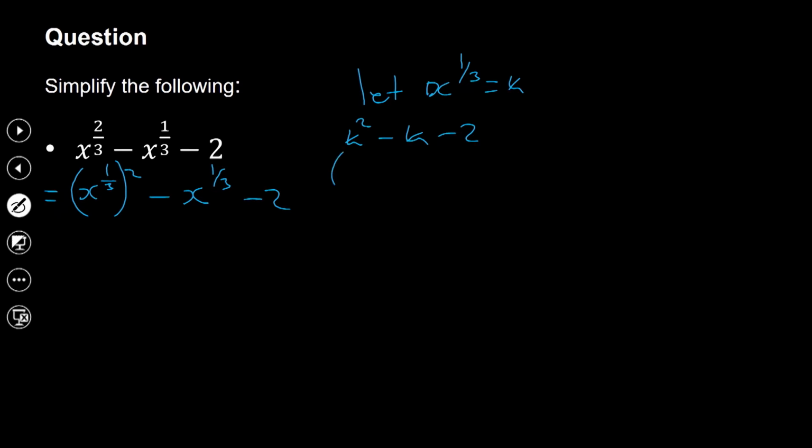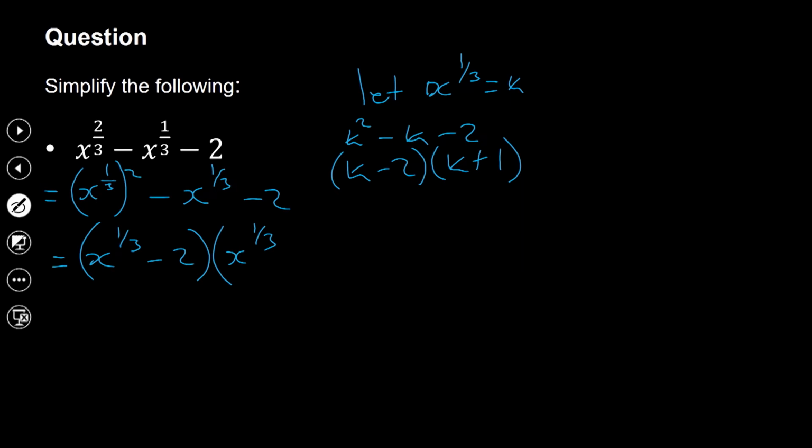So that means it is going to be k minus 2 into k plus 1. But remember what k is. k is the x to the exponent of 1 over 3. Then this is x to the exponent of 1 over 3 minus 2, all multiplied by x to the exponent of 1 over 3 plus 1. And that will be what the answer is, and you will leave it there because the question just said simplify or factorize.